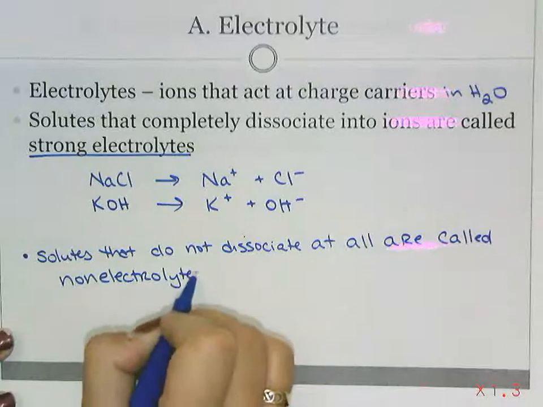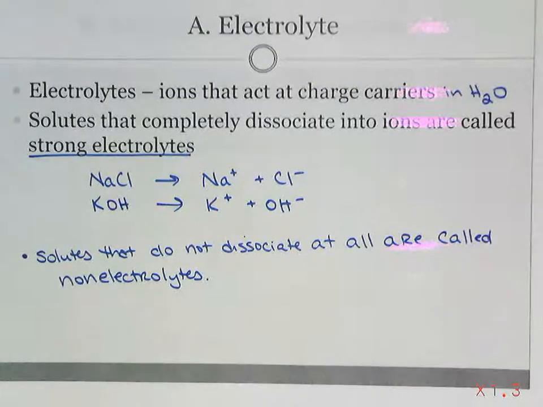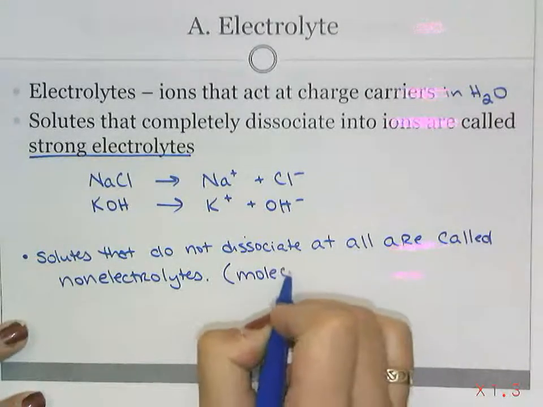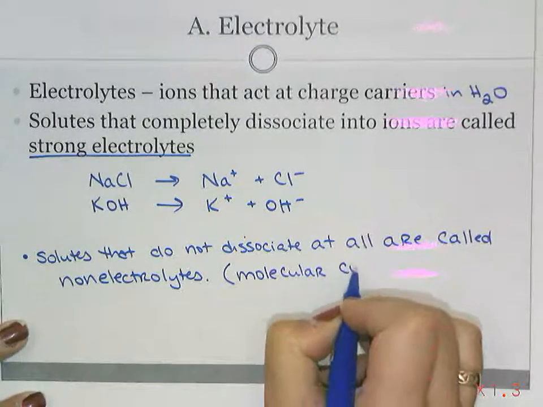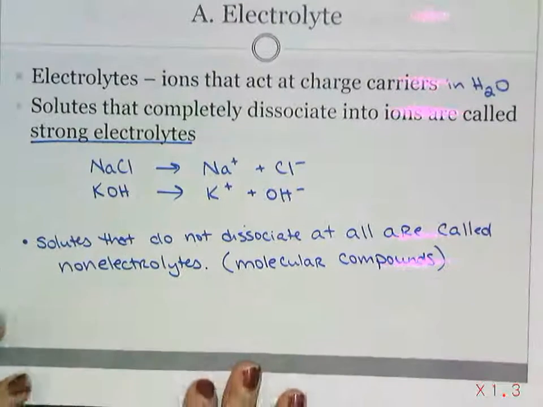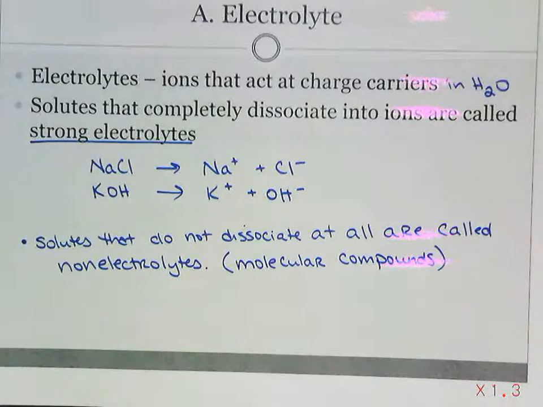If these were all ions, what's the other type of molecule we could have in a solution? Right, these are all going to be our molecular compounds. Sugar dissolves in water, but the sugar doesn't break up into smaller pieces. It stays all together. It just hangs out with the water.